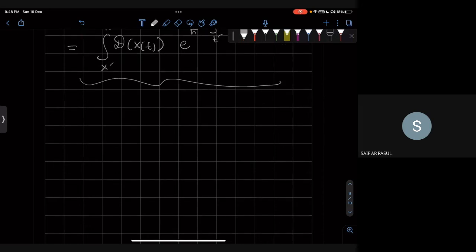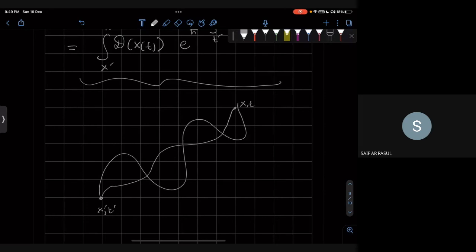Okay, so what Feynman said was that, if the particle starts at time t1 and x1 and ends up at position x at time t, then to find the probability or the amplitude, we have to sum over all the paths that connect these two points.